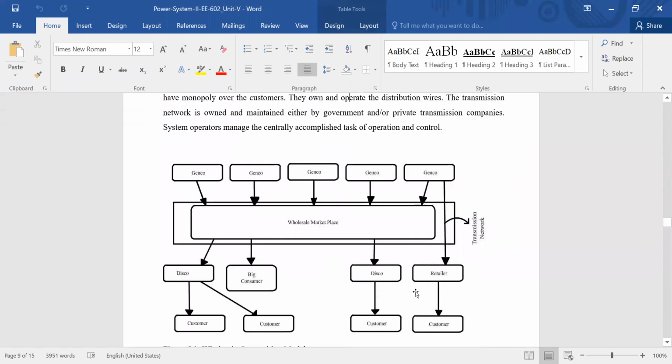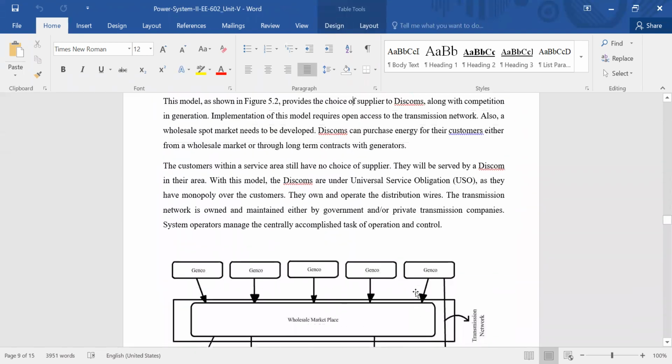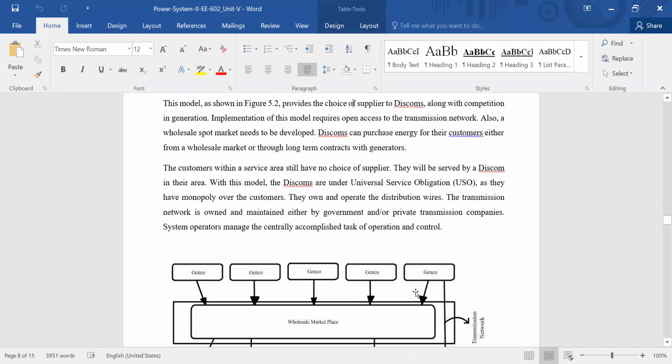So here, customers within the service area have no choice of supplier. They will be served by the Discom in that area. In this model, the Discom is under a universal service obligation, that is USO, as they have a monopoly over the customer.